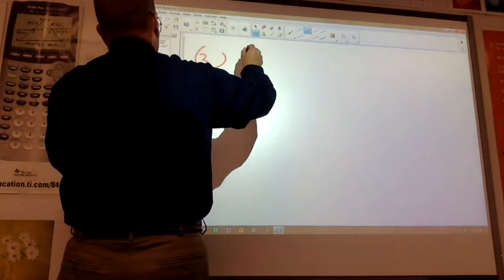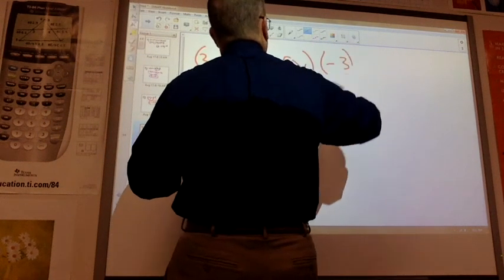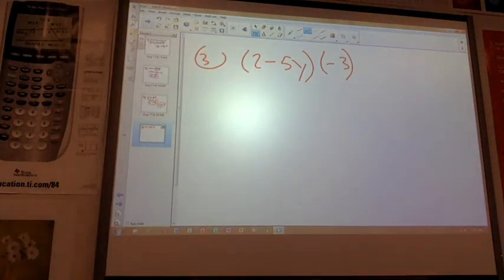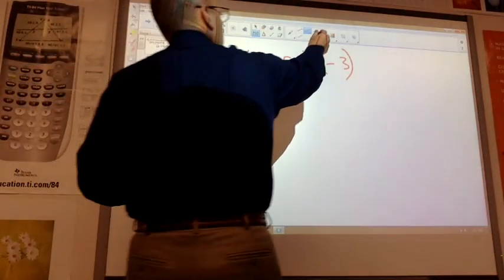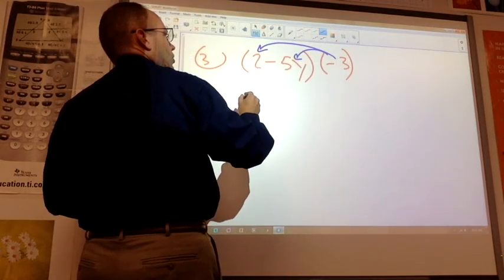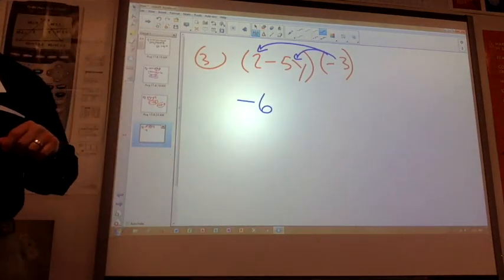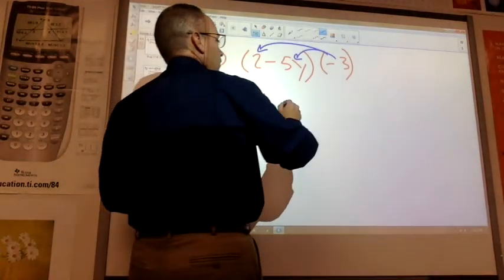Number 3, we have 2 minus 5y, parentheses negative 3. So this is kind of a flip-flop of distributive. They just have what you're distributing over on the opposite side. So I'm going to distribute negative 3 here as well as here. Negative 3 times 2 is negative 6. Negative 3 times negative 5y is positive 15y.